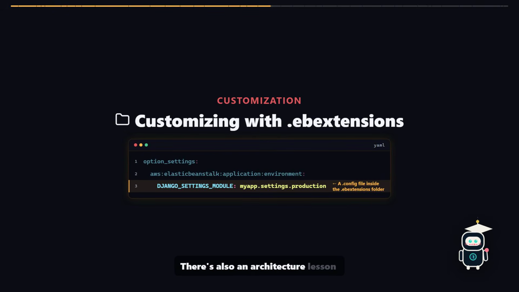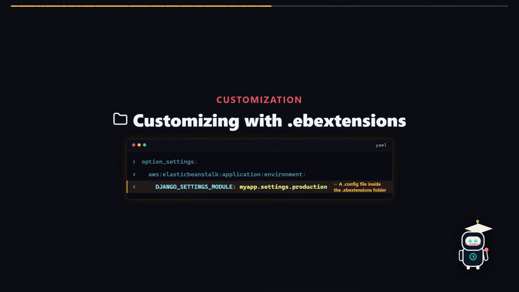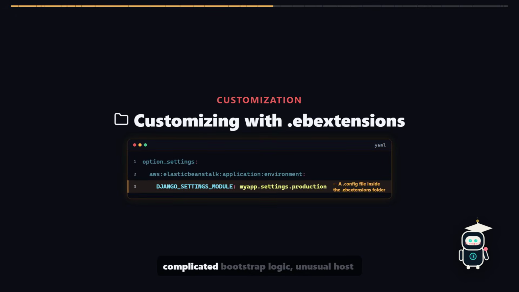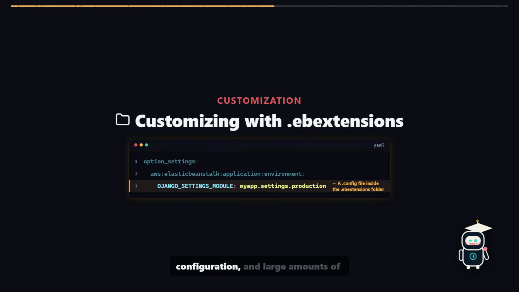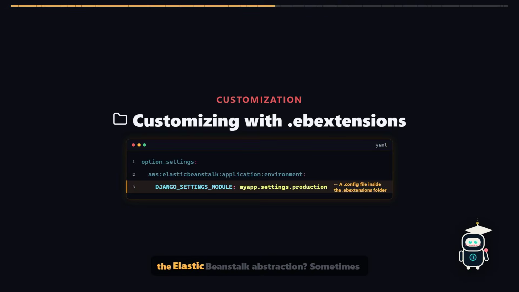There's also an architecture lesson here. Use these customizations sparingly. If your Elastic Beanstalk deployment starts requiring extensive operating system modifications, complicated bootstrap logic, unusual host configuration, and large amounts of custom infrastructure code, ask yourself, am I still benefiting from the Elastic Beanstalk abstraction?